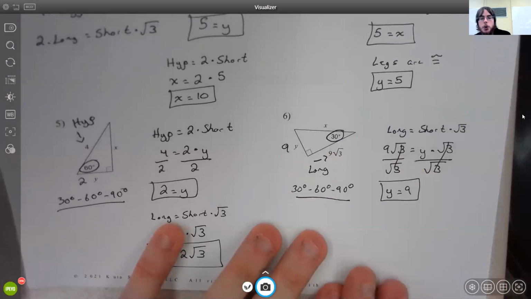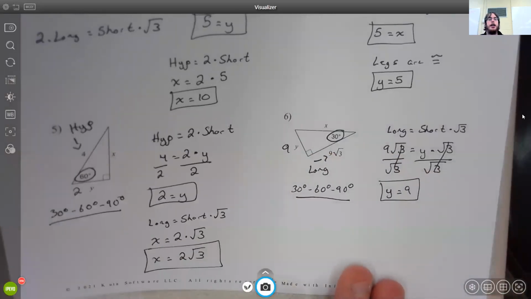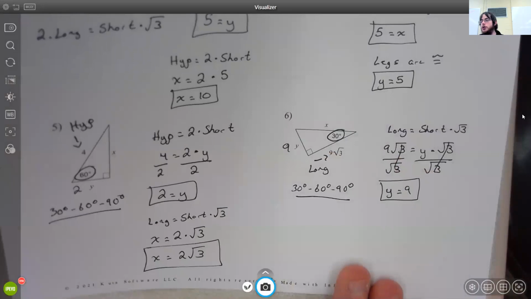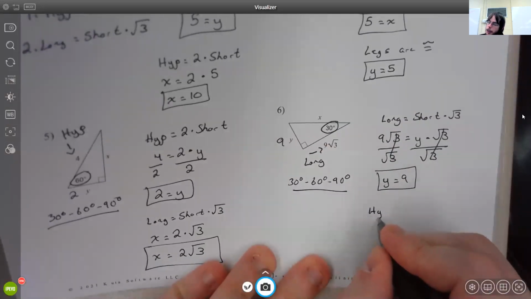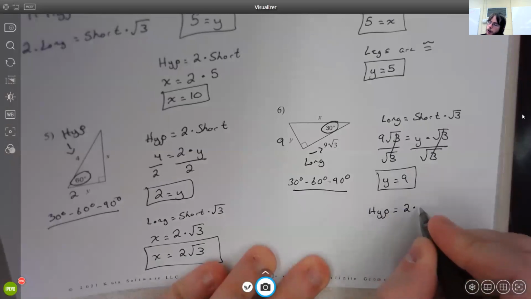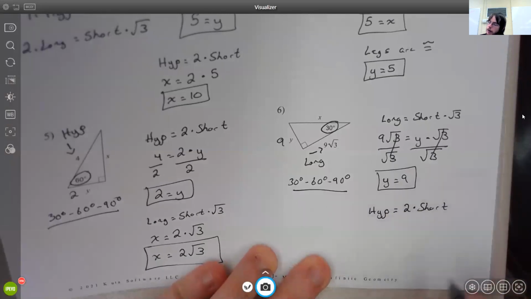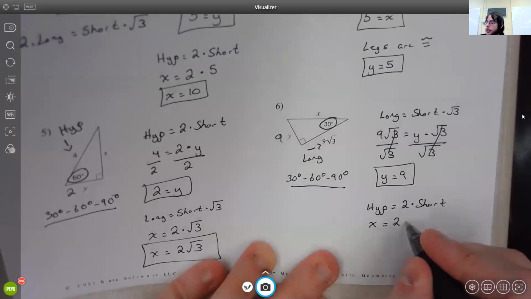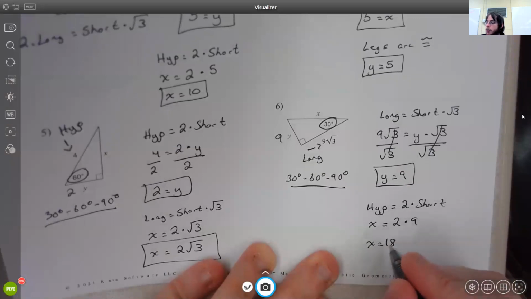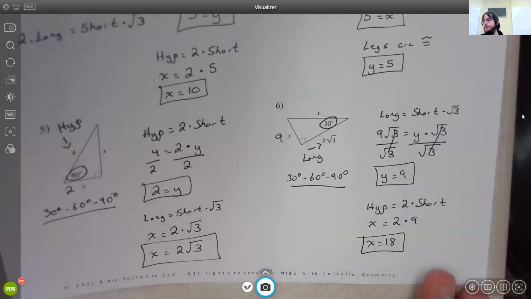Now that you know your short leg, you should be able to find your hypotenuse. So you use the relationship between the hypotenuse and the short leg, which is the hypotenuse equals 2 times the short leg. Your hypotenuse is x. You take 2 times your short leg, which is 9. So x is equal to 18.